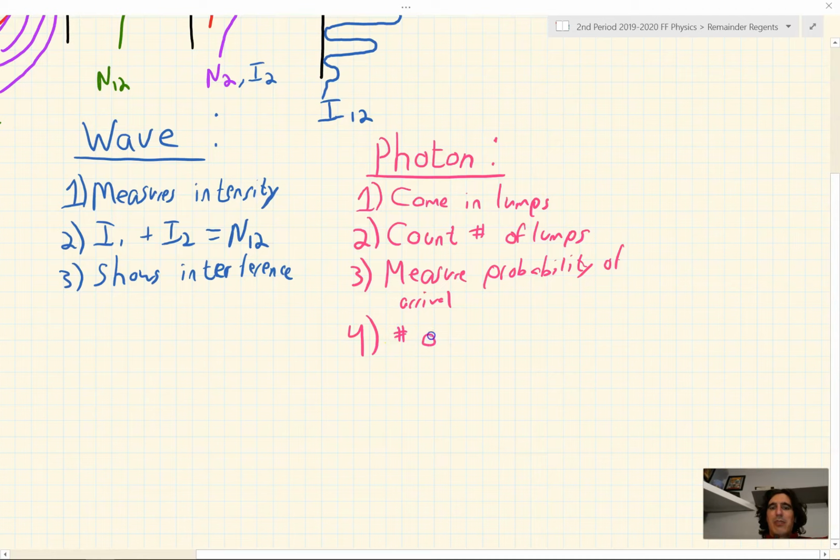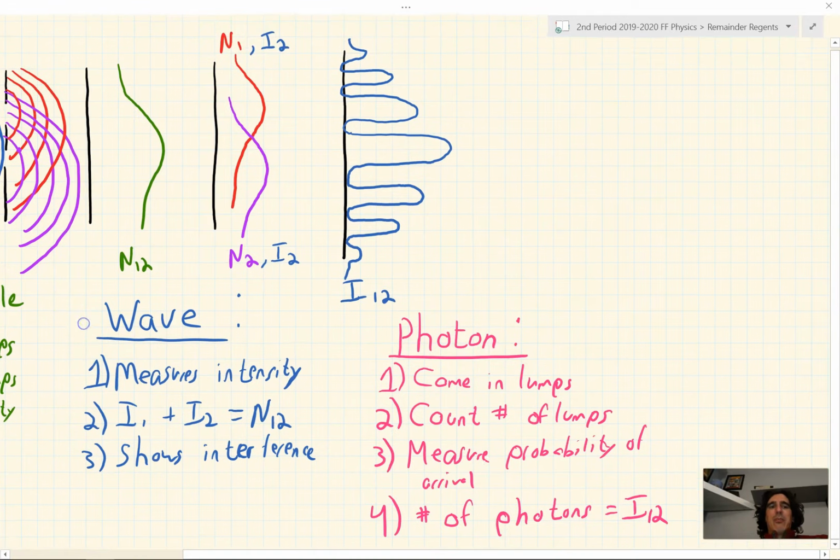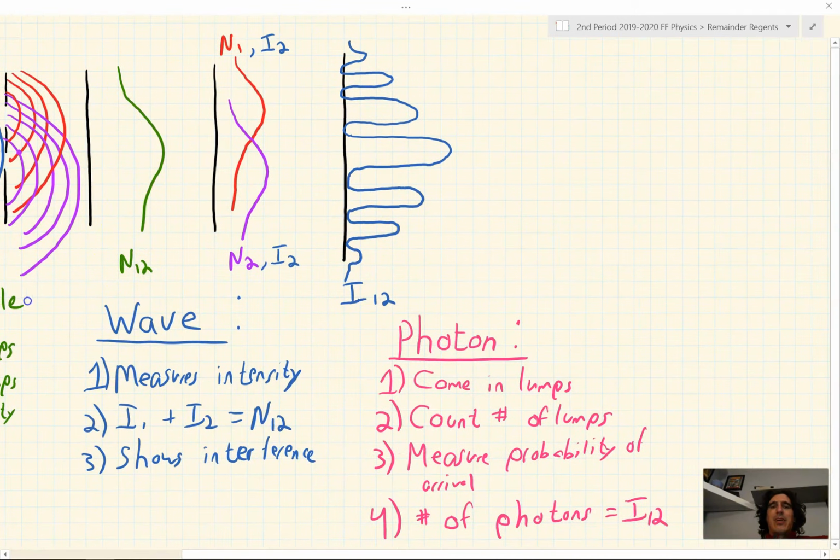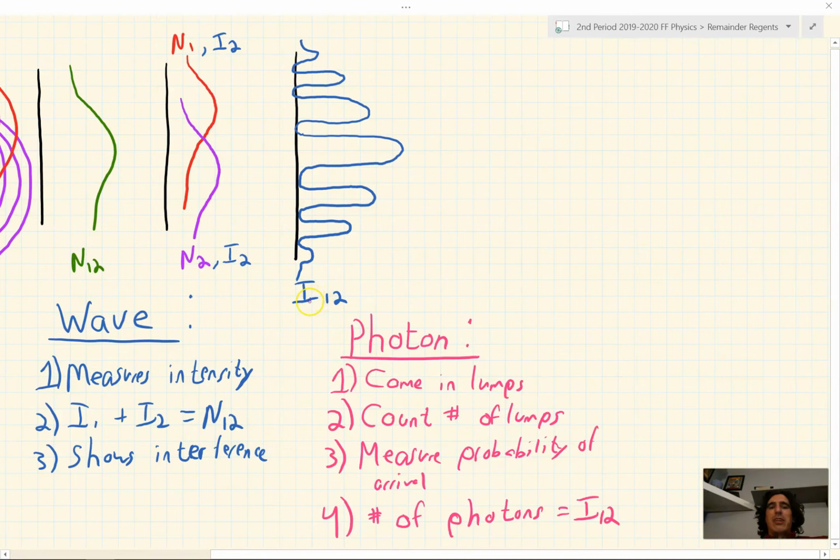So the number of photons that we count is equal to I12. Now remember, N12 represents the number of nerfs that we counted. I12 first represented the intensity of the waves, but now it also represents the number of photons that we're counting.